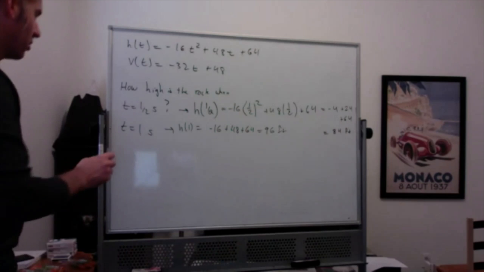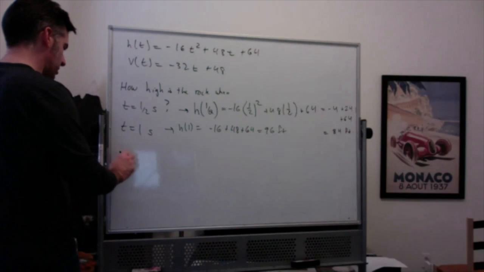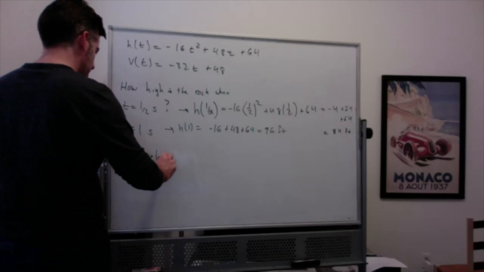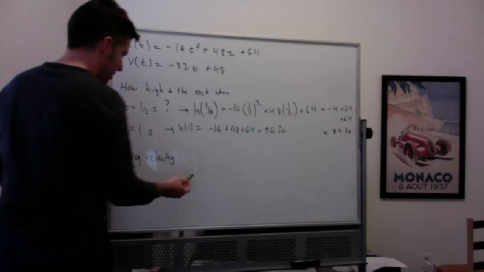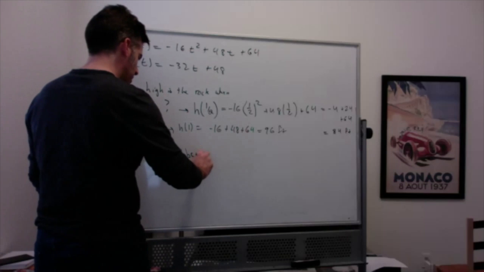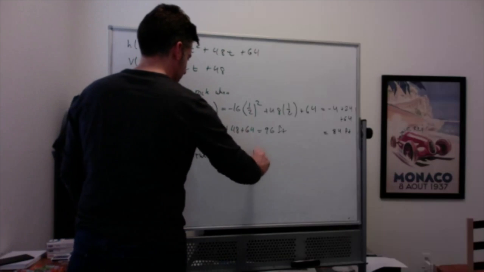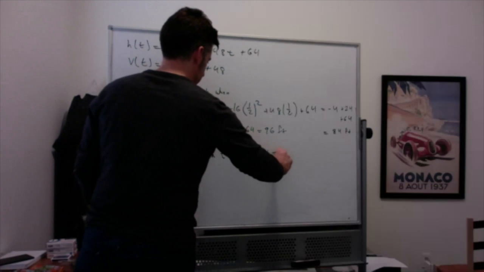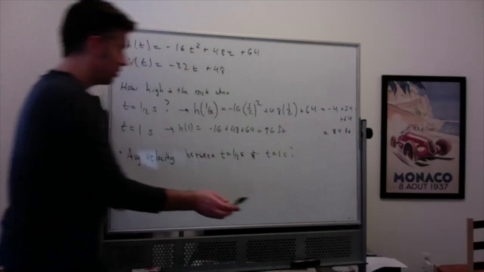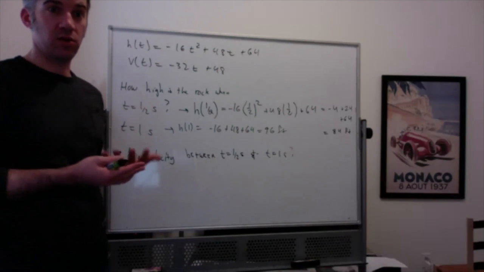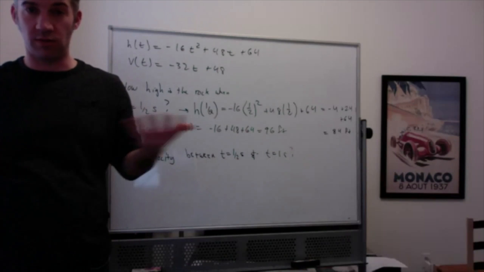So the other question I want to ask about this is, what's the average velocity of the rock in this interval between time equal to half a second and time equal to 1 second? Well, we know how to find average velocity. It's displacement divided by how much time has elapsed.